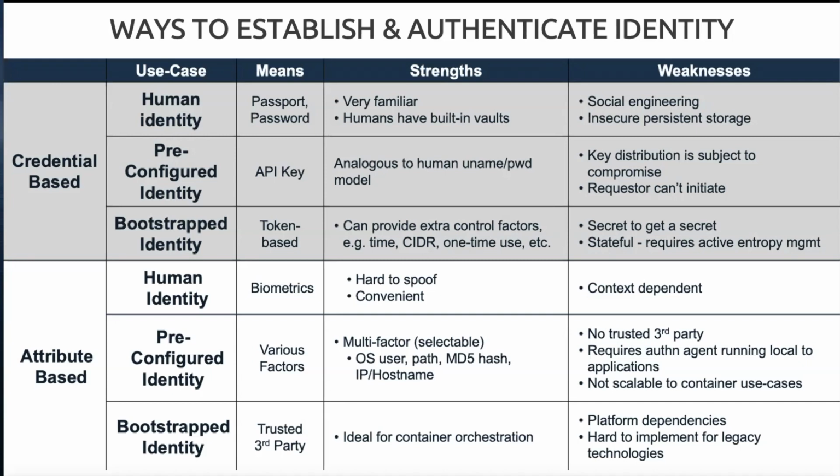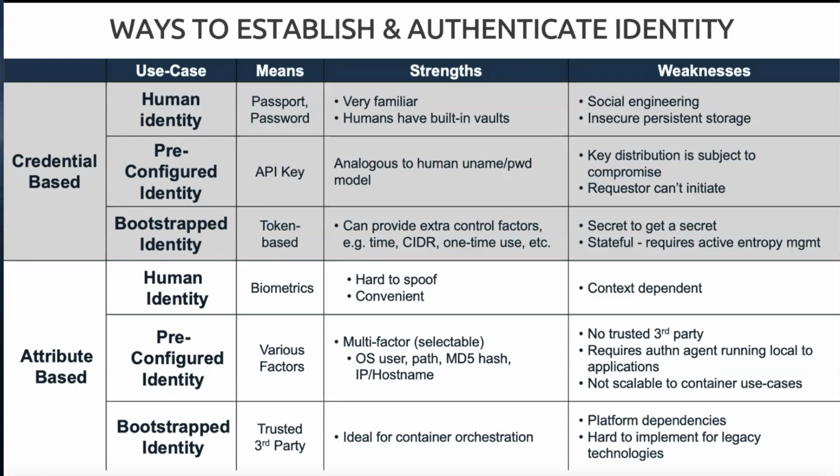That's great, but it requires an agent to be running in the local environment on the local host, and that doesn't scale to container use cases. Then we start to look at the concept of bootstrapped identities. Bootstrapped identities are ideal for container orchestration. They're ideal for autoscale groups of VMs, for example, but they are platform dependent and they're hard to implement for legacy technologies.